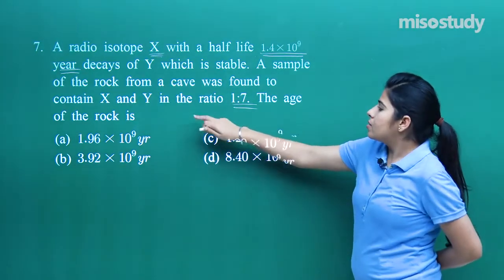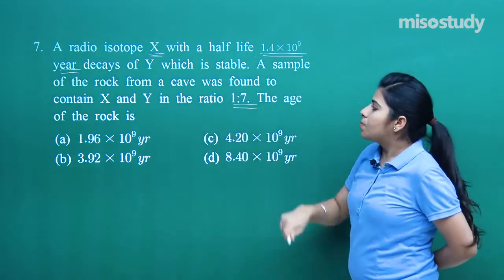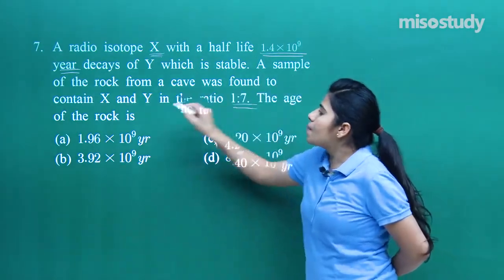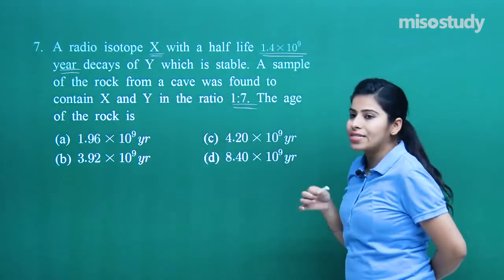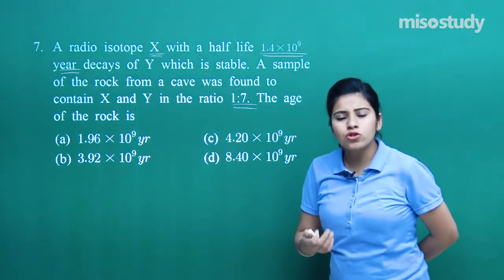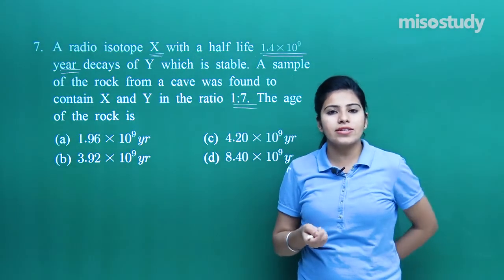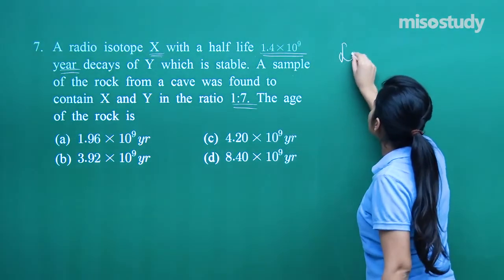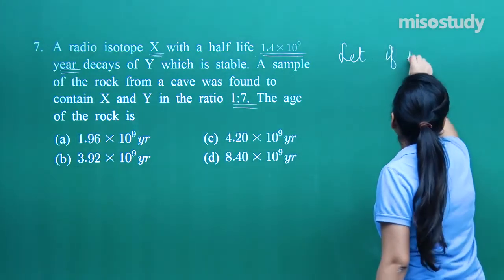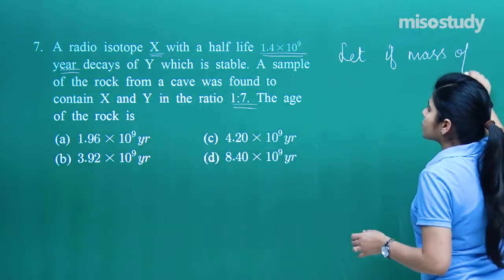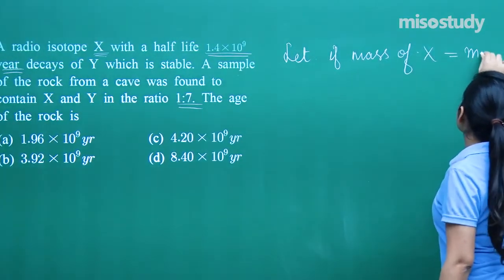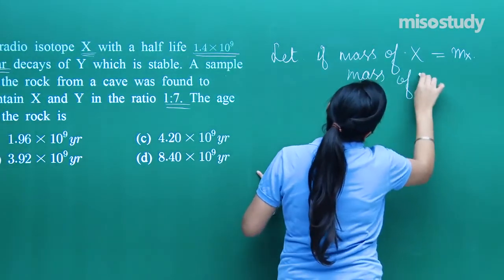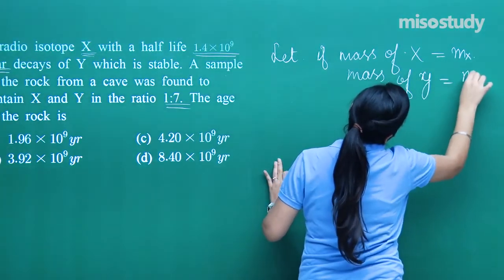Now you can see here we have been given the mass in the ratio of 1:7, because they are saying that a sample of the rock from a cave was found to contain X and Y. So what do we mean by it is containing X and Y? Definitely that will be the mass of X and Y. So let us suppose mass of X is mx and mass of Y is my.